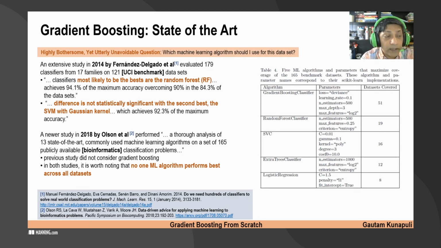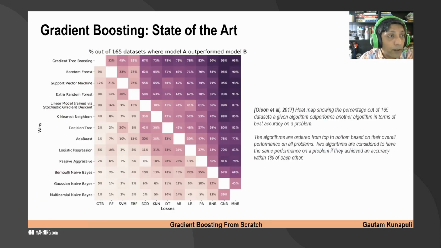And now, more recently in 2018, a study was performed, and in this case, they also threw in gradient boosting classifiers, right? And what they came up with was that out of the 165 data sets, compared them pairwise, and here are the algorithms and the families of algorithms that they compared, right? So we have gradient tree boosting, random forests, extra random forests, AdaBoost is in here.